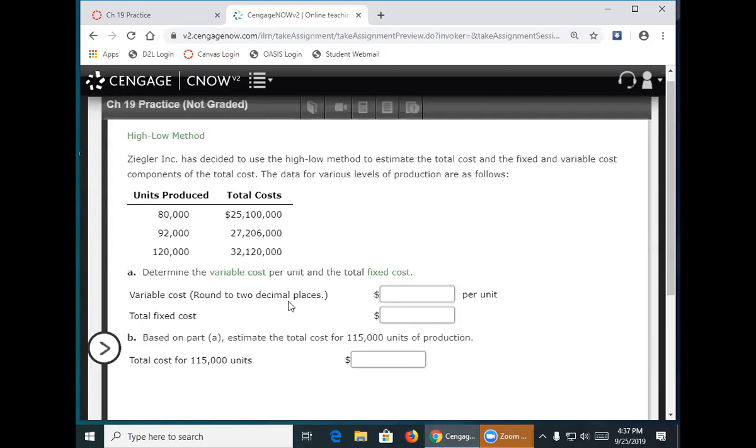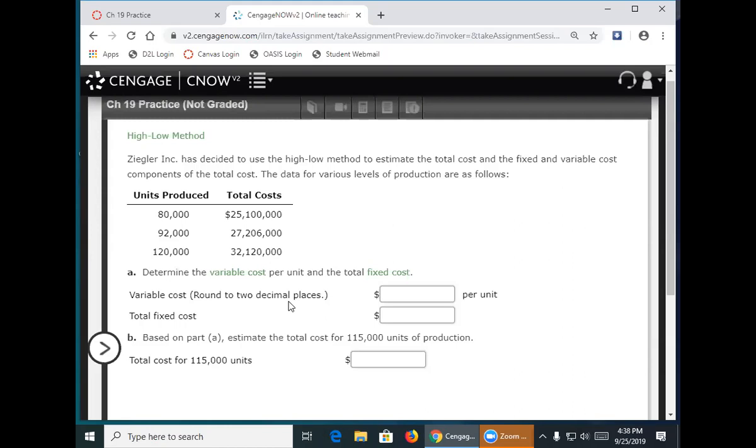We always do that based on activity level. So first I look at whatever data they've given me and identify the highest level of activity as far as units produced and the lowest level of activity. It's pretty easy when they give you 3. Our highest level of activity is 120,000 units and our lowest is 80,000. When we produced 120,000, our costs were 32,120,000, and the lowest, 80,000, correlates with 25,100,000.